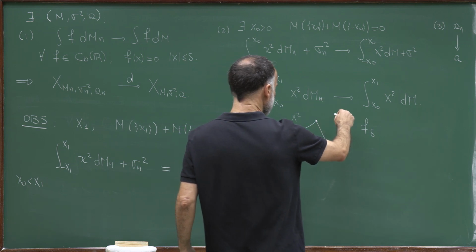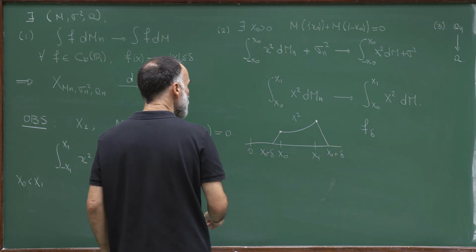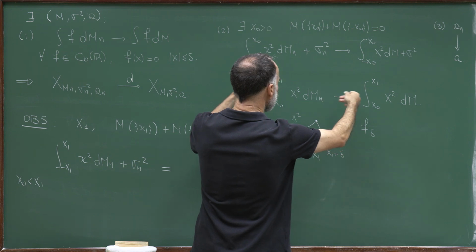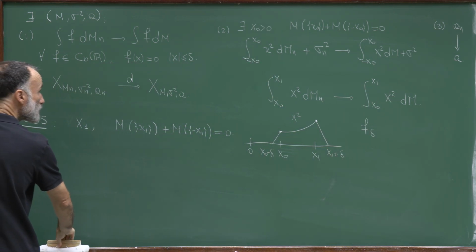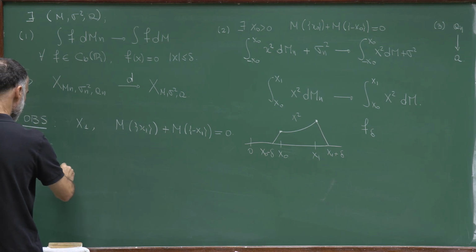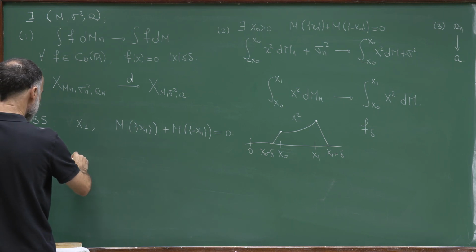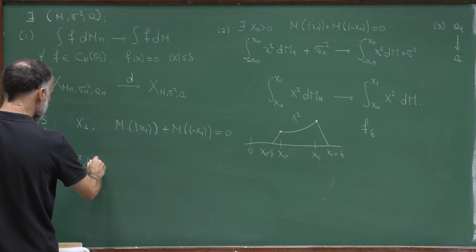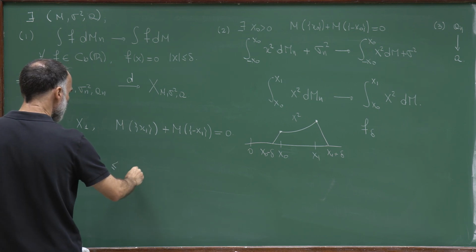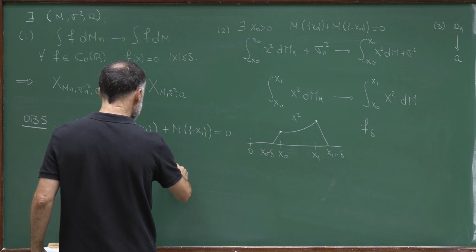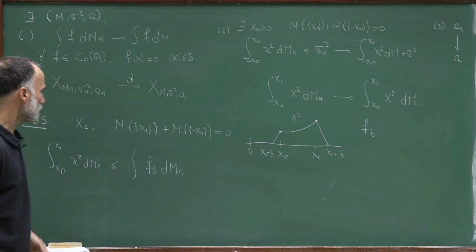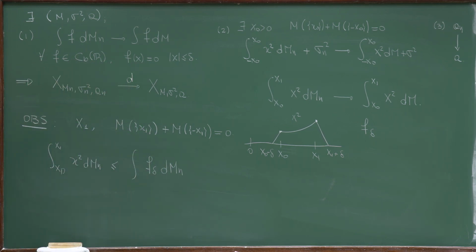In order to prove this, we'll get a lower bound and an upper bound. For the upper bound, we will just say that the integral from x0 to x1 of x squared dmn is less than or equal to the integral of f delta dmn, because x squared is bounded by f delta, and mn is a non-negative measure.